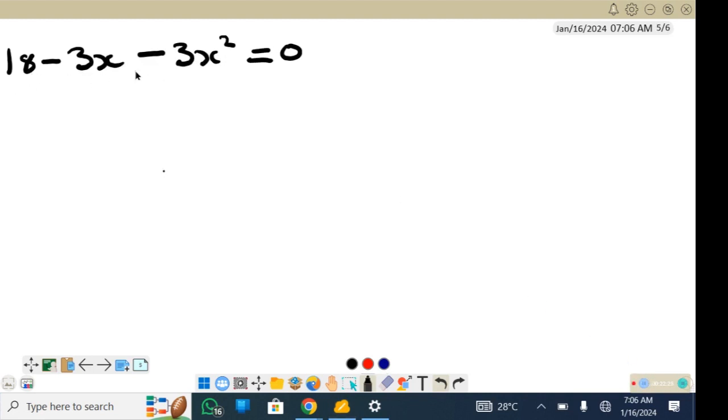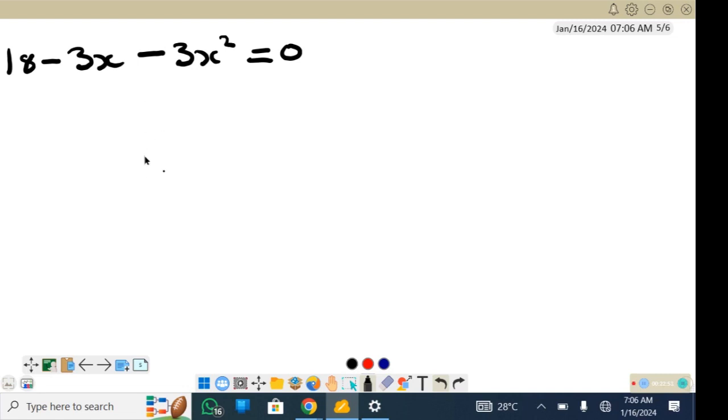So you can see this type of equation. This is our example 3. We have 18 minus 3s minus 3s squared equal to 0. So you can see that this time around our s squared is now here with negative sign. There are many ways you can solve this problem.